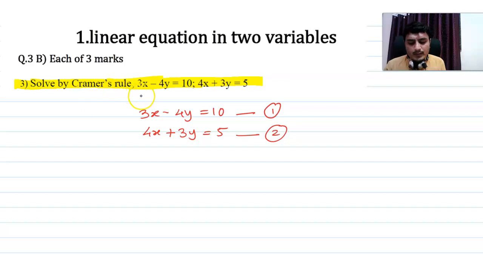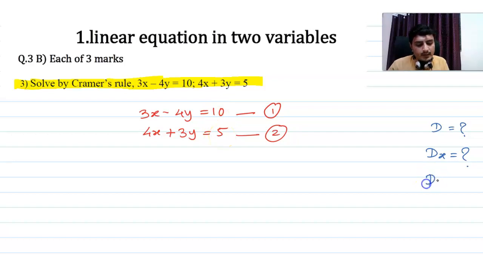Now as per Cramer's rule, look at the flowchart on how to find the values of x and y. First of all, evaluate the value of determinant D, the determinant of coefficients of x and y from equations 1 and 2. After that, find the value of Dx. We have to replace the coefficients of variable x in D by the constants 10 and 5.